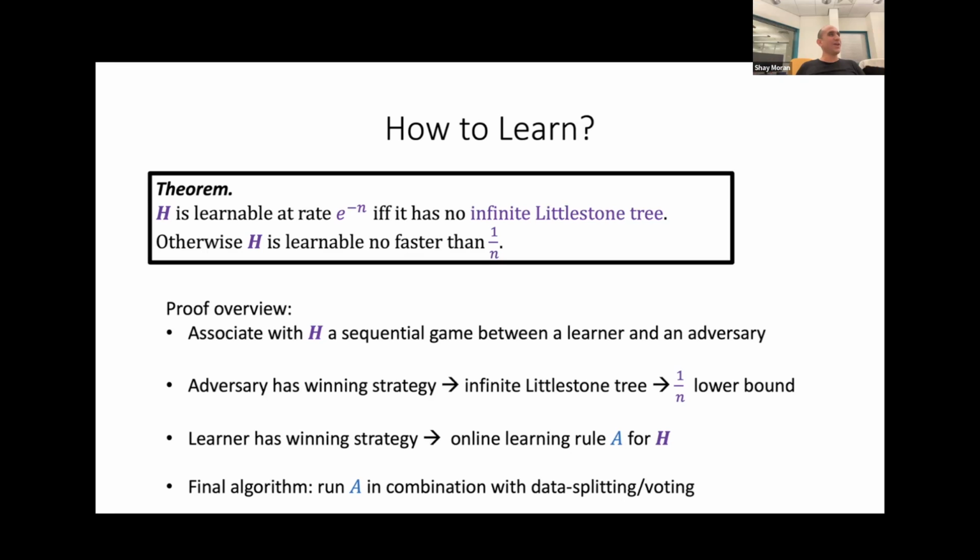In each round, Avi asks me a question. In round i, he writes down xi, a point from the domain. And then I need to guess the label yi. I need to guess whether the label of xi is 0 or 1. And after I guess it, Avi tells me whether I was wrong or right.